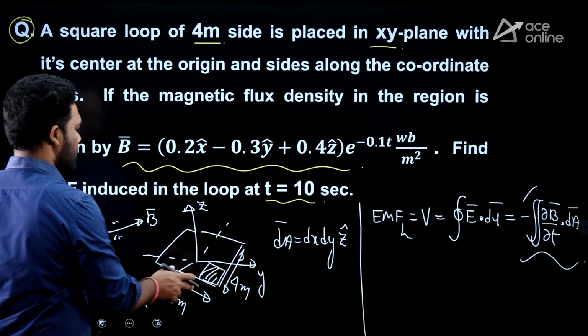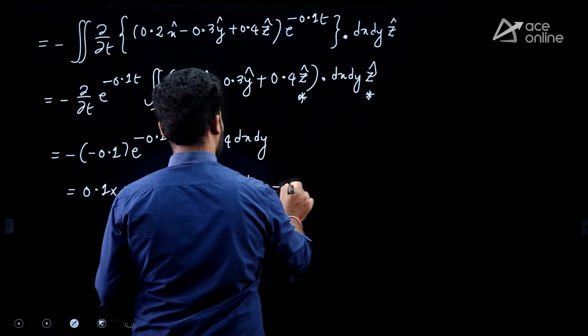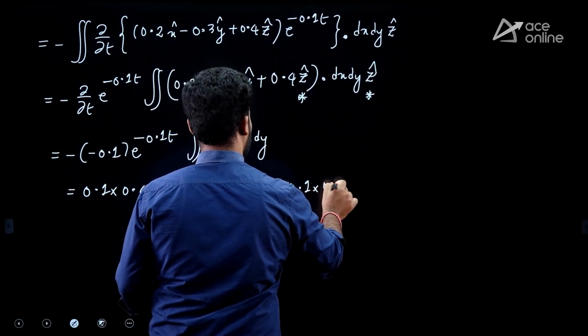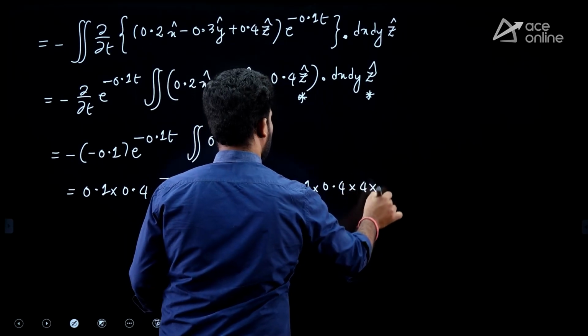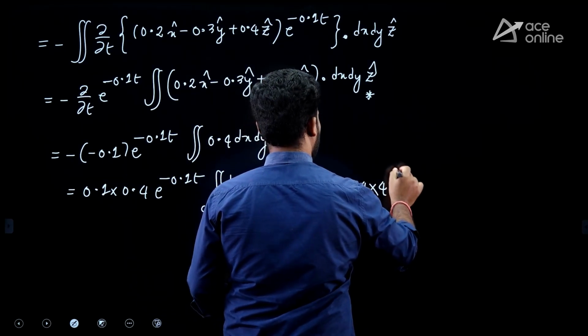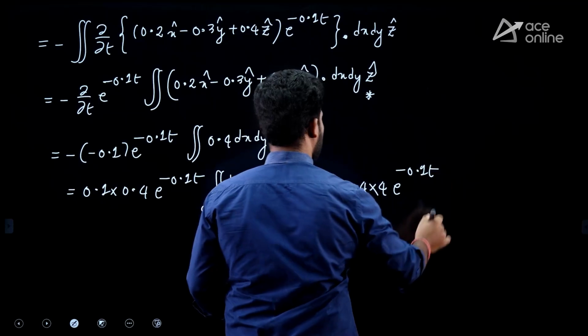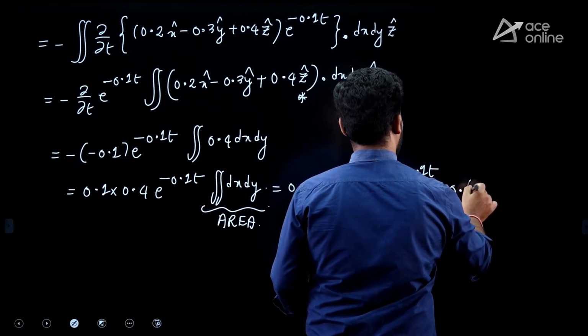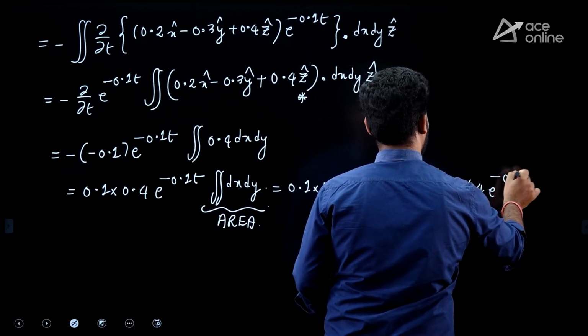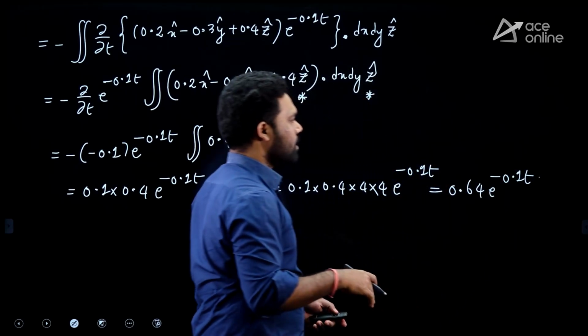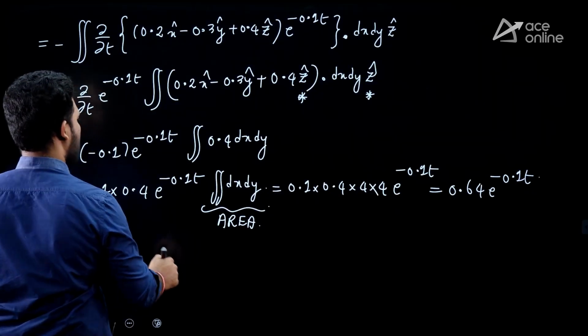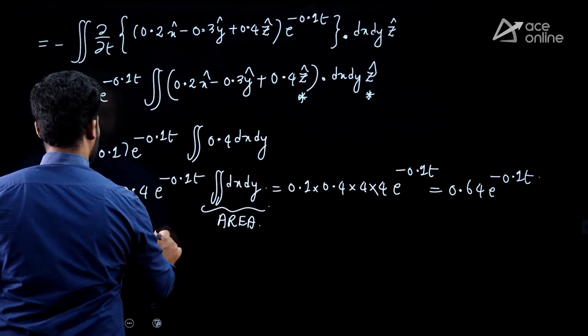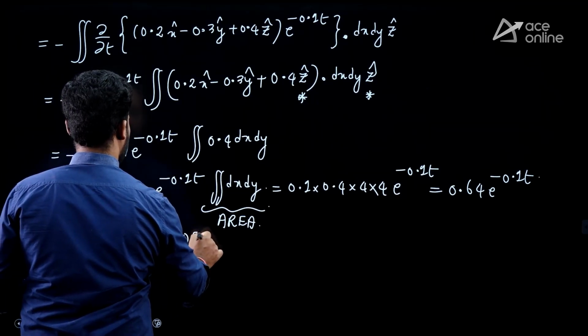So what is the area of the loop? It is 4 by 4. So 0.1 into 0.4 into 4 into 4 into e to the power of minus 0.1 t. So it is 0.64 into e to the power of minus 0.1 t. He is asking at time t is equal to 10 seconds. Substitute there.